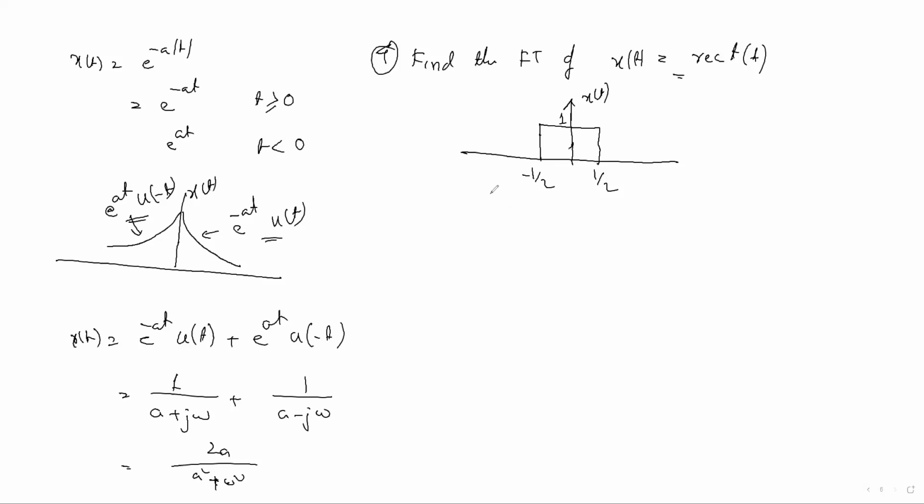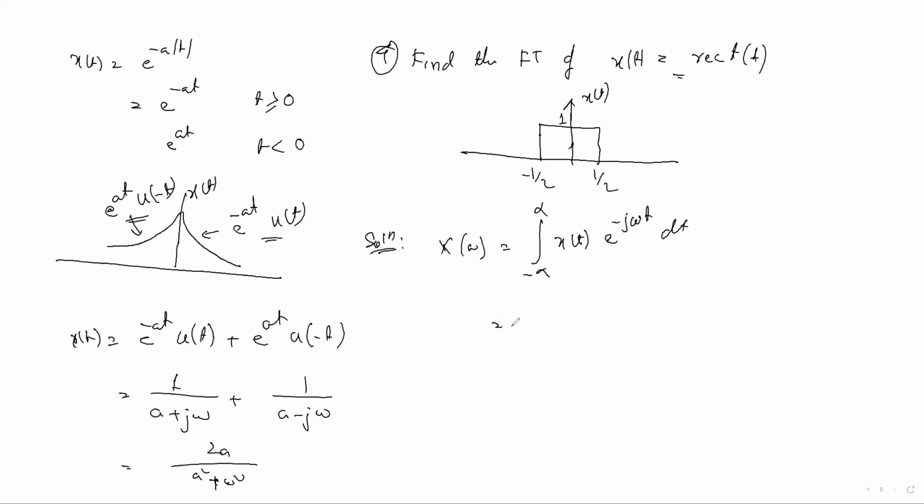So the Fourier transform of this signal is asked. We know X of omega equals the integral from minus infinity to infinity of x of t e to the power minus j omega t dt.